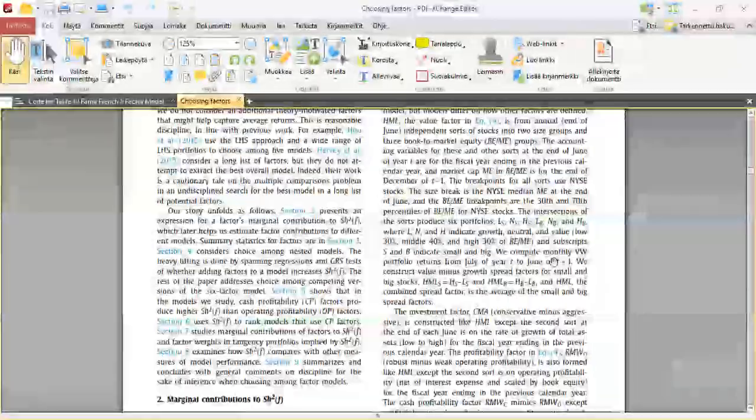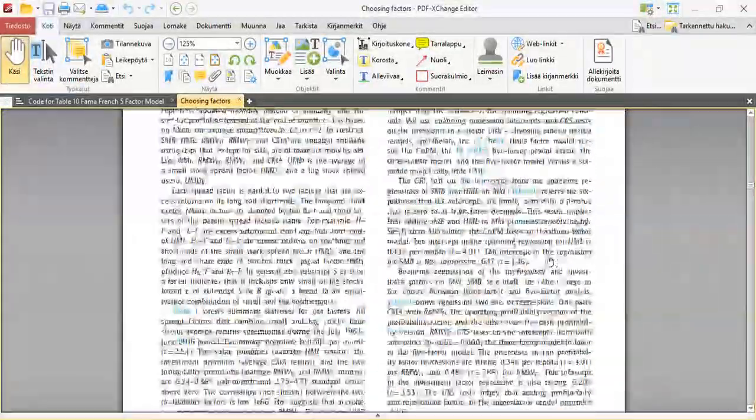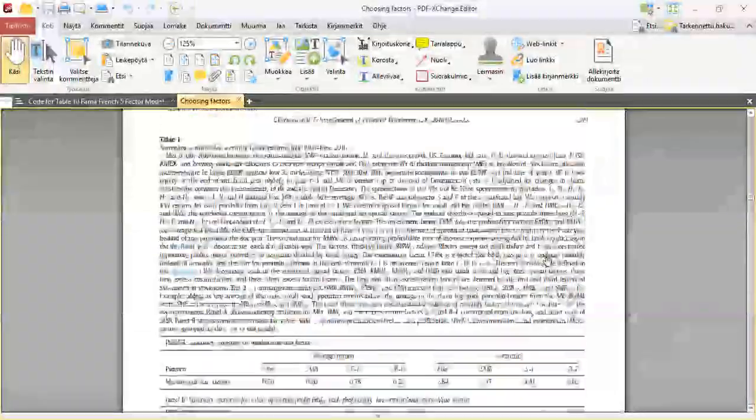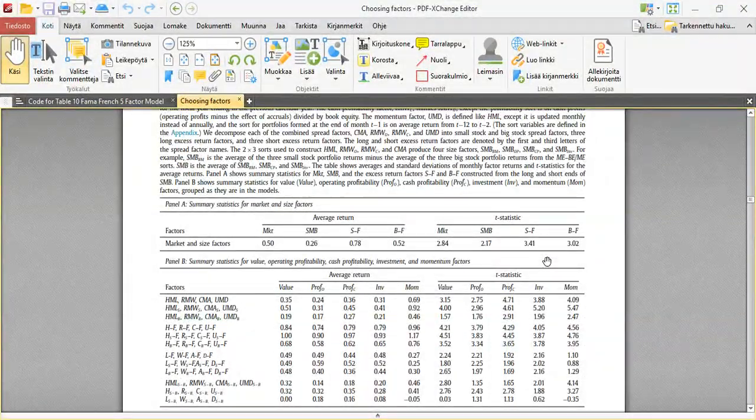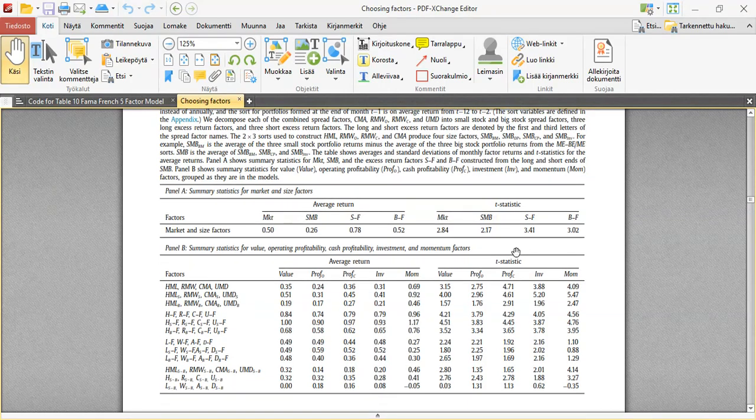So we can directly go to table number 1. In table 1, panel A, we see that the market factor in excess form generates a payoff of 0.50% per month. The corresponding t statistic on the right-hand side is 2.84, which indicates that the market factor is significant on a 5% level, because it exceeds the critical value of 1.96.